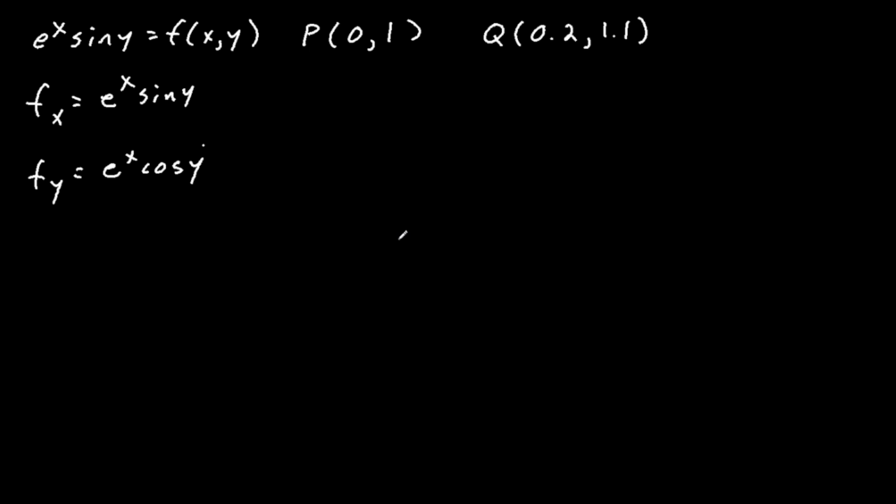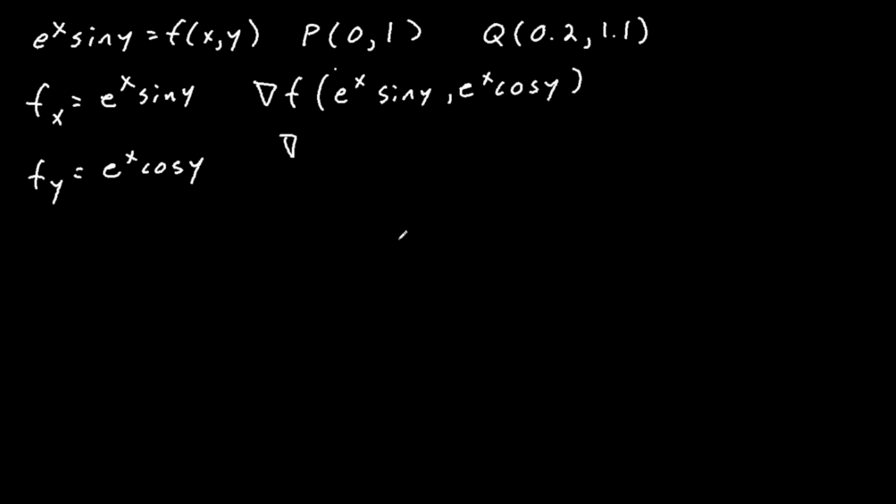Once we have these, we can plug in the values for the point. Currently, our gradient is e to the power of x sine of y, e to the power of x cosine of y.